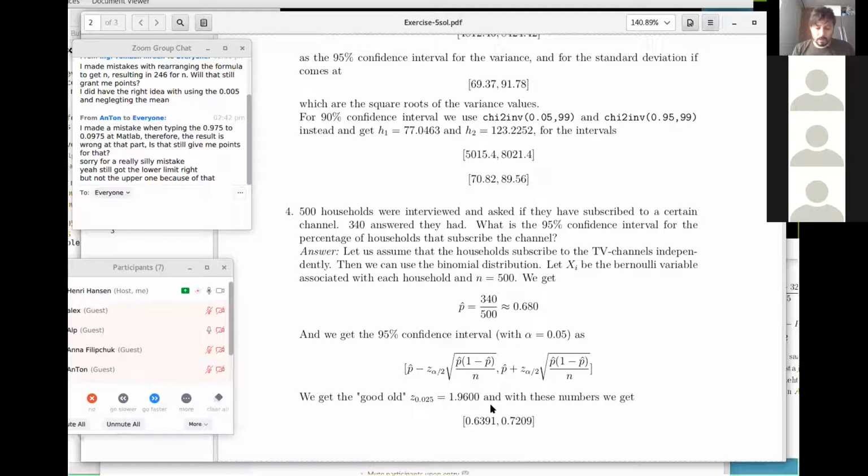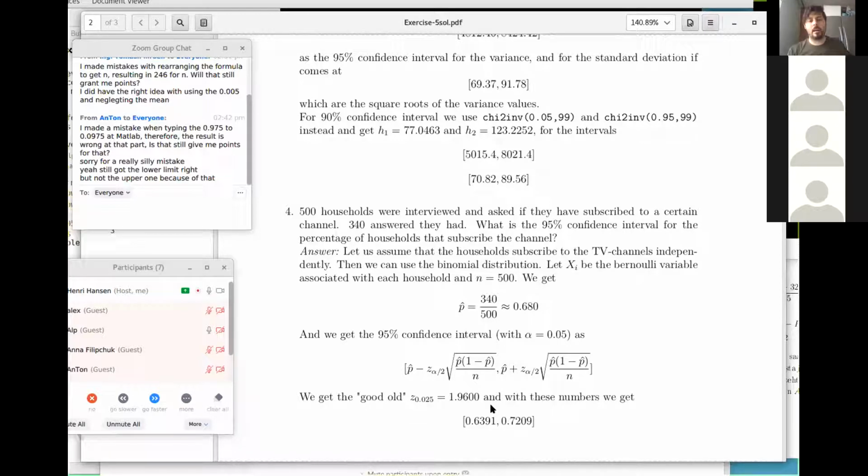What we get as 0, 1 distributed would be x minus np over the square root of that, so that would be roughly N(0,1) distributed.